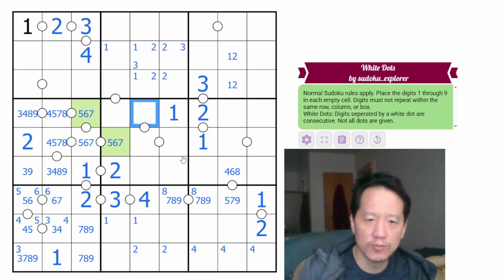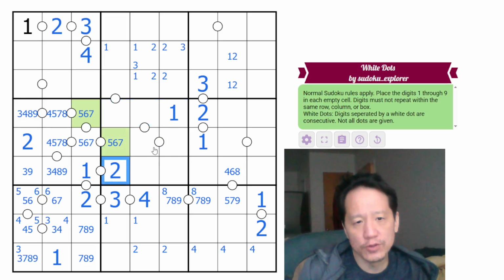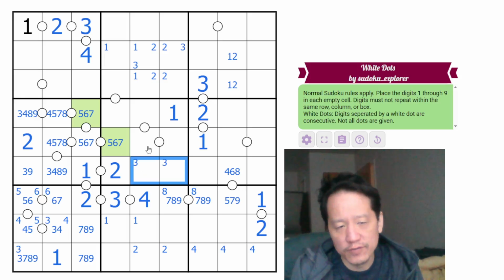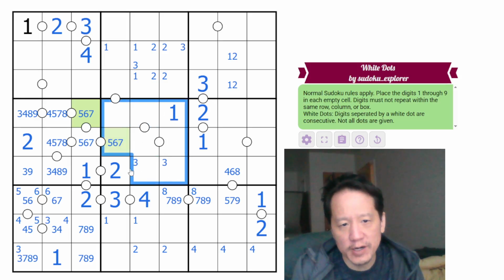If this is 3, one of these would be 4, but the problem is that 3 cannot be next to 2 unique digits in that box because 2 already is taken. So 3 cannot be either of these cells. 3 can't be any of these by that digit. And 3 can't be here because that would force us to be 4. So 3 has to be one of these two cells in this middle box.